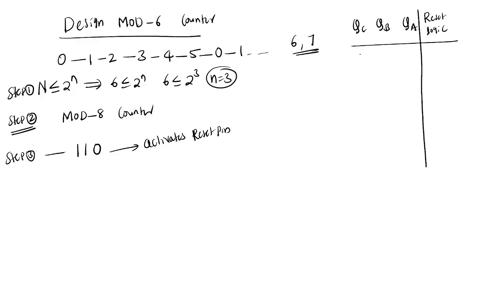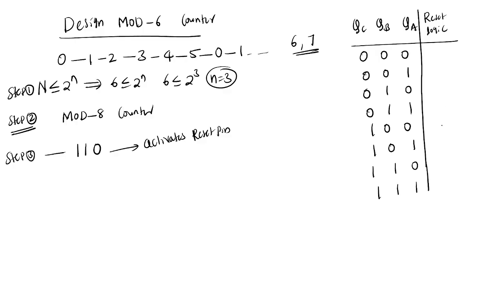So three inputs are there. How many possible combinations? 3 inputs, eight combinations: 000, 001, 010, 011, 100, 101, 110, and 111. Okay. So here, this is active low reset, which means till here it will be in deactivated state.